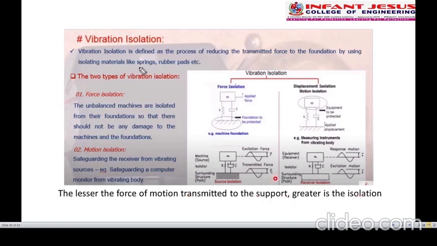If the isolation is done in a good manner, the transmitted force is very little. If very little force is transmitted to the support, that means the isolation is greater. That is the statement given in vibration isolation.